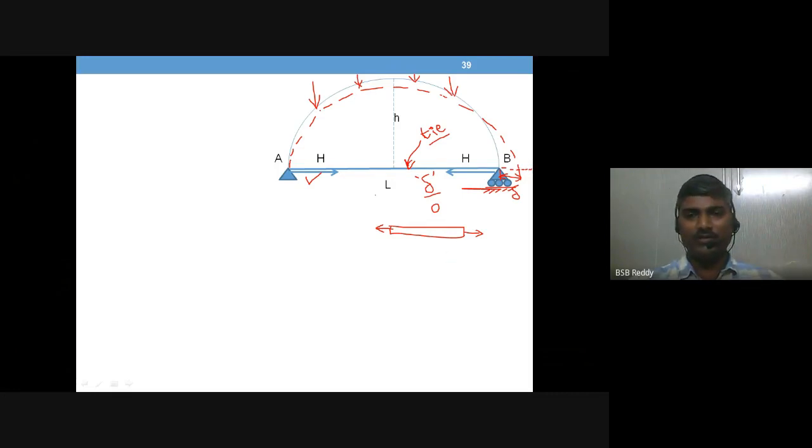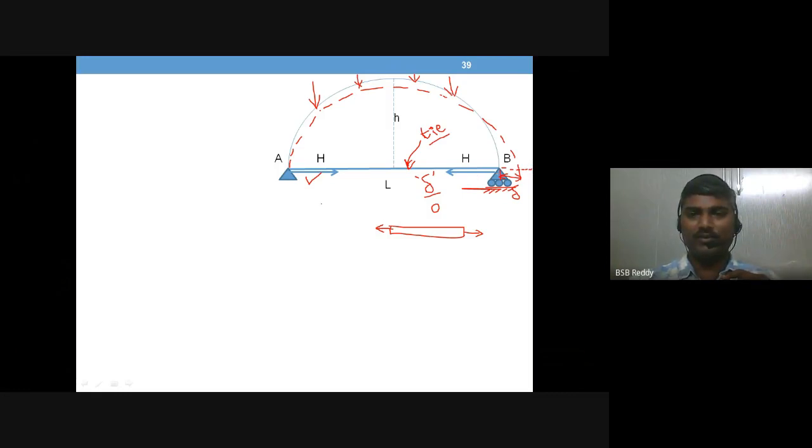So now the force developed at A and at B because of this tie is like this. The arrows shown here at A and B are the forces acting on the hinge at A and at B.